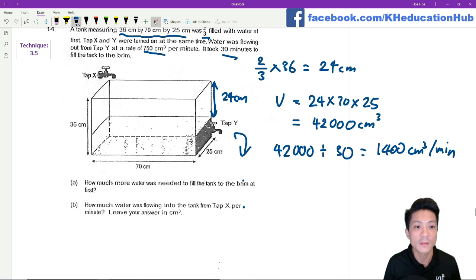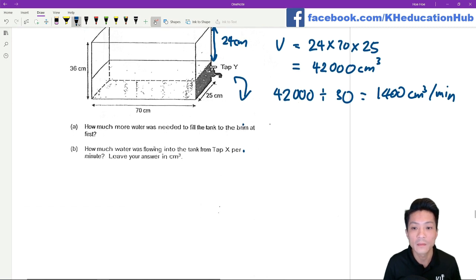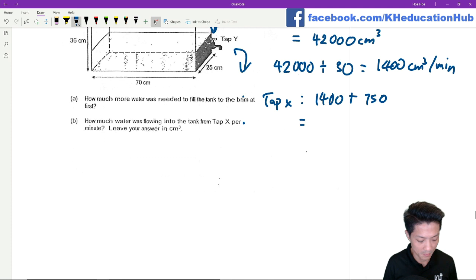So which means that tap X will need to fill up at the rate of 1,400 plus 750, which is 2,150 cubic cm per minute.